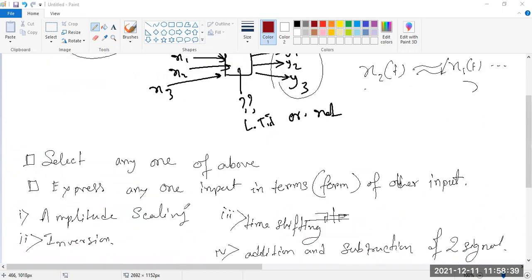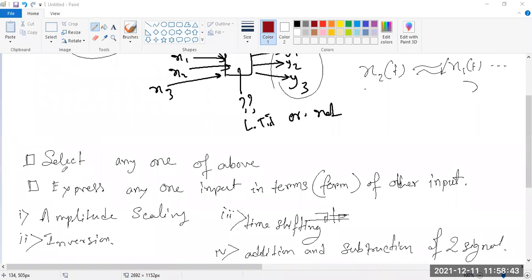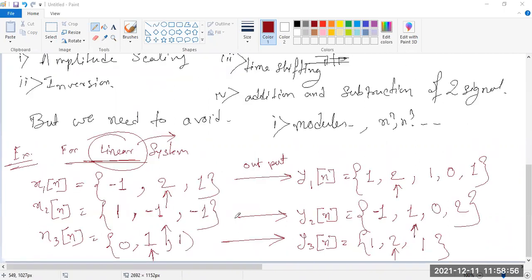So first, what are the checking steps? Select any one of the above, then express any one input in terms of the other inputs. You have to choose any one of these, then express the others in terms of it.